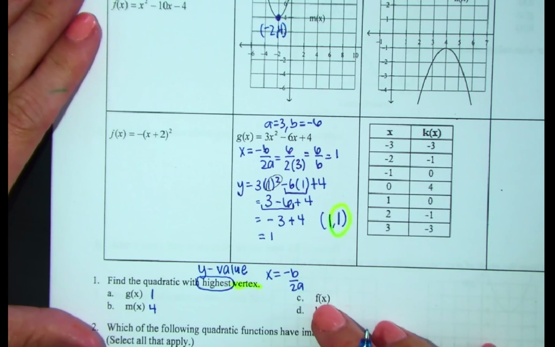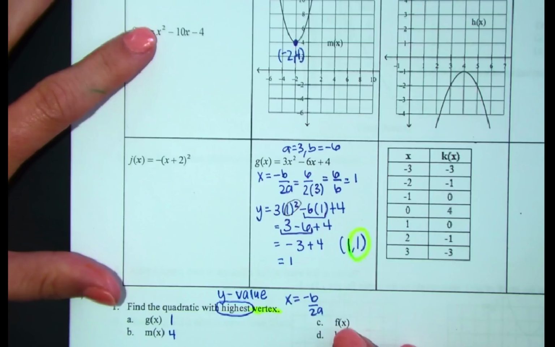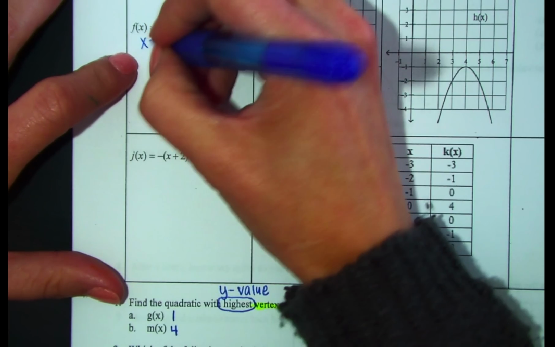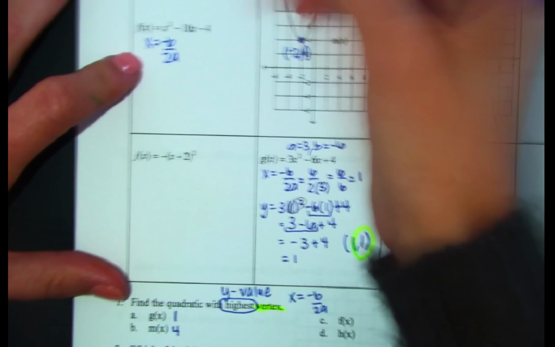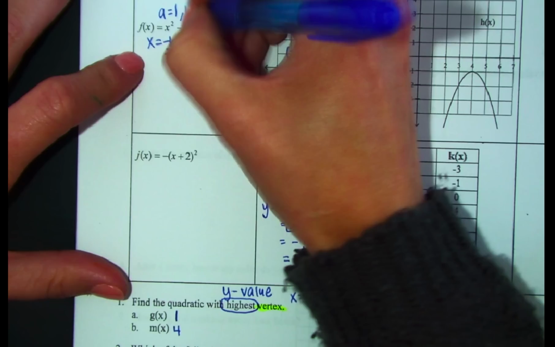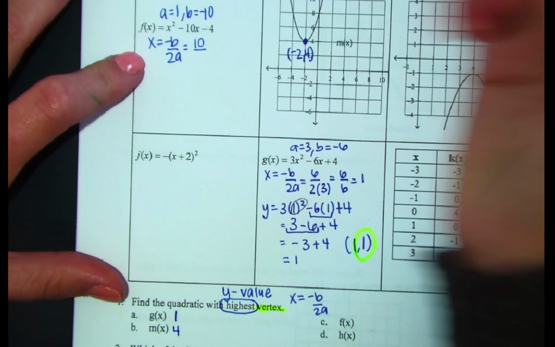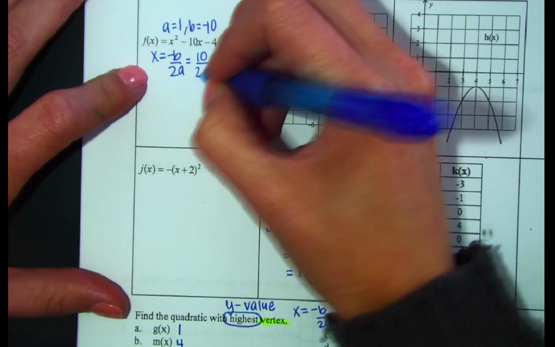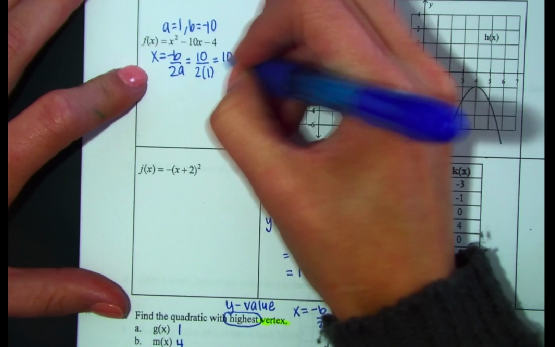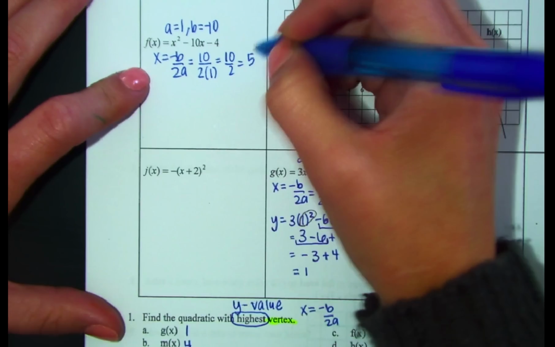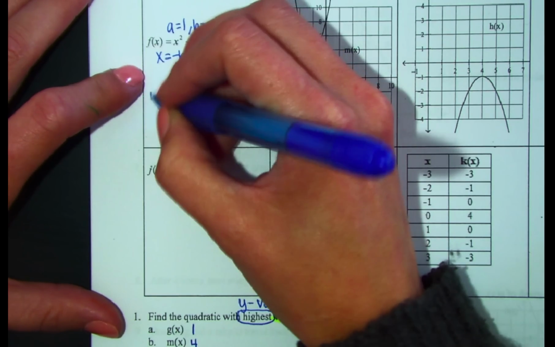Okay, f of x is this in standard form. So again, I'm going to look at my formula. Negative b over 2a. A is 1 and b is negative 10. So opposite b will give us positive 10, and then 2 times 1. 10 divided by 2 is 5. And then again, I'm going to take that and plug it back in.